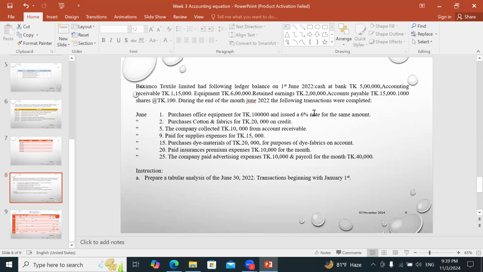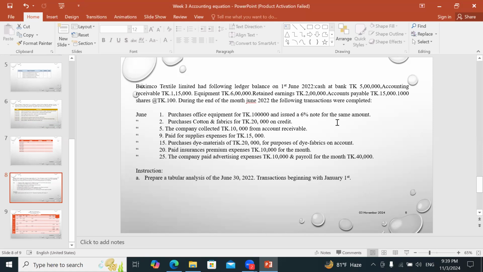And against it, issue a 6% note for the same amount. Issuing a note means you sign a note, promising to pay next time. So it is a notes payable liability.